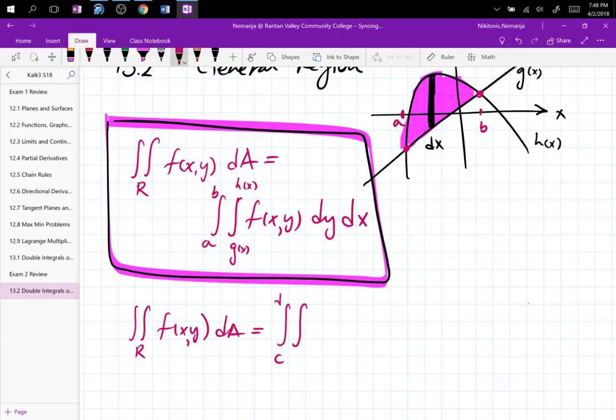You can have C and D over here, because now we're doing dx dy. And if you are doing the dx dy, these are not interchangeable. So this is going to be some function g of y, and it's going to be some function h of y.